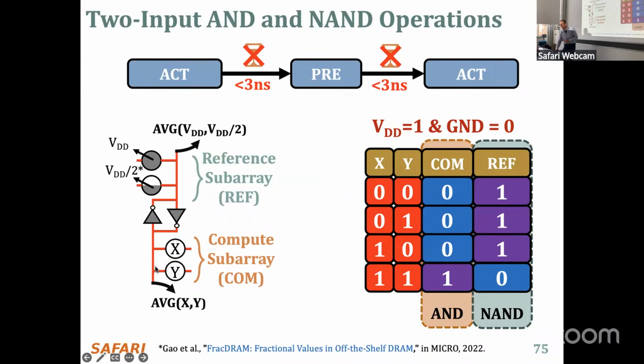The result that you get over here would be the AND function of X and Y. And the result that you get over here would be the NAND of X and Y, because it's opposite, clearly.